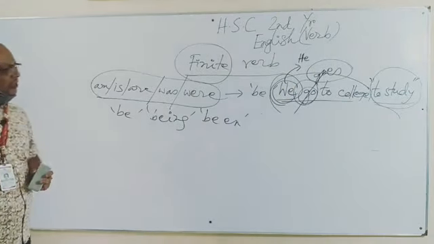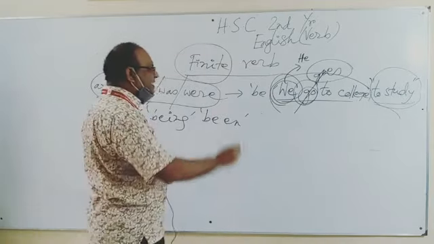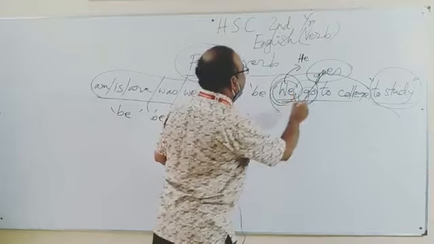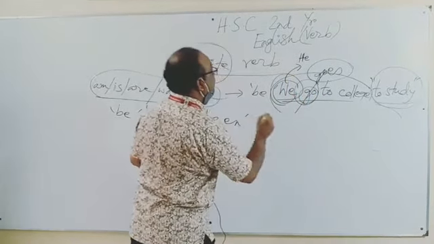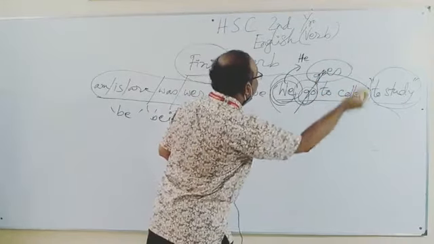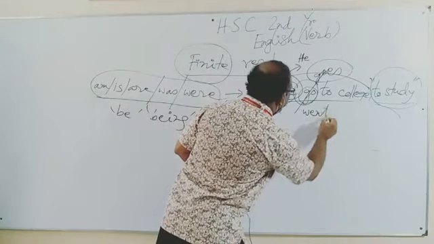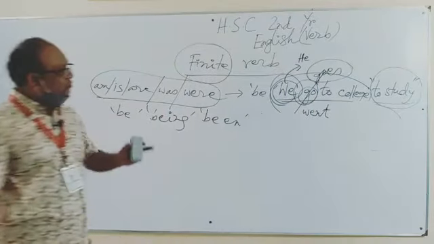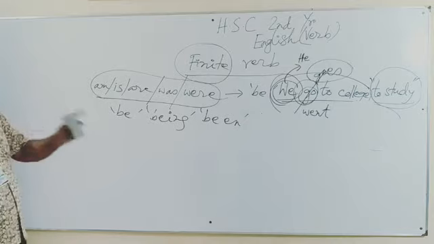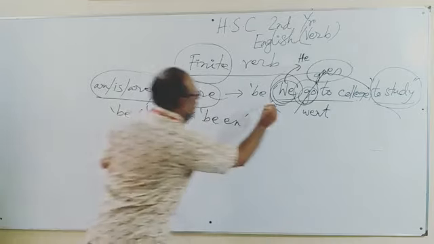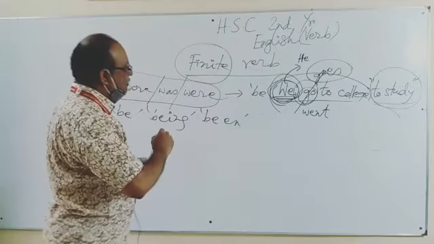So in this way, and in another way also, if we want to change the tense, not only the number and person of the subject, if we want to make it the past form, then it will go into went. So in both cases we have found that if we change the number and person of the subject, it was we at the first instance.